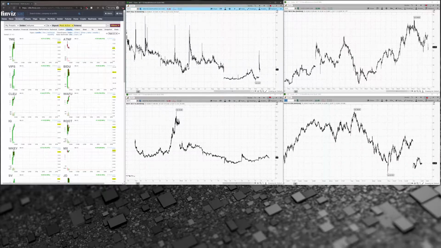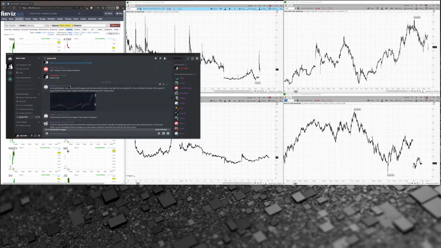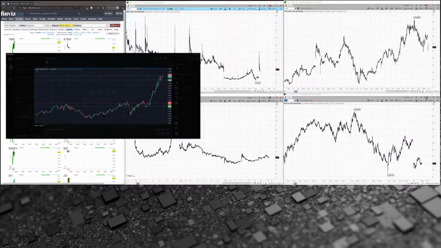All right, so Gregor asked, let's take a look at this one. I'll just move it over here for the time being. For a continuation, is it always the first support and resistance which made a new high that are important, or the last before the break of support? I guess the first is the major support and others following are the understudies. Let's take a look.